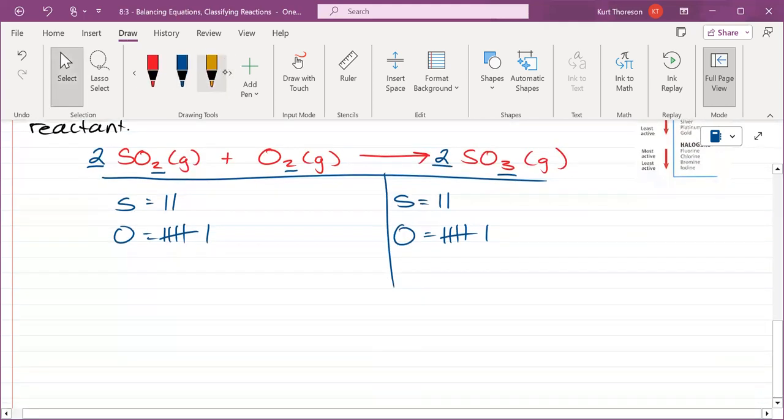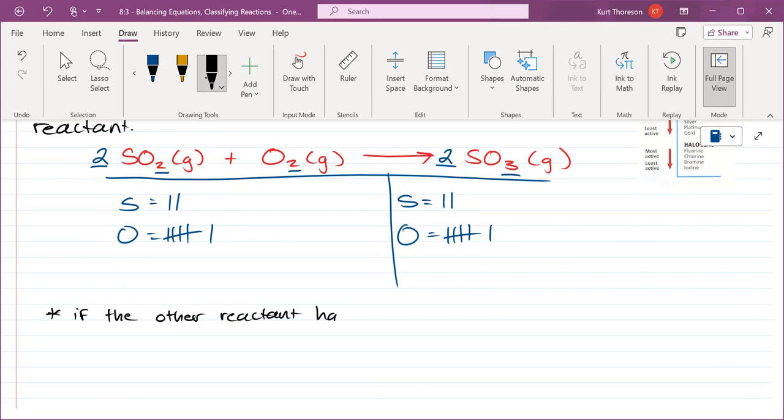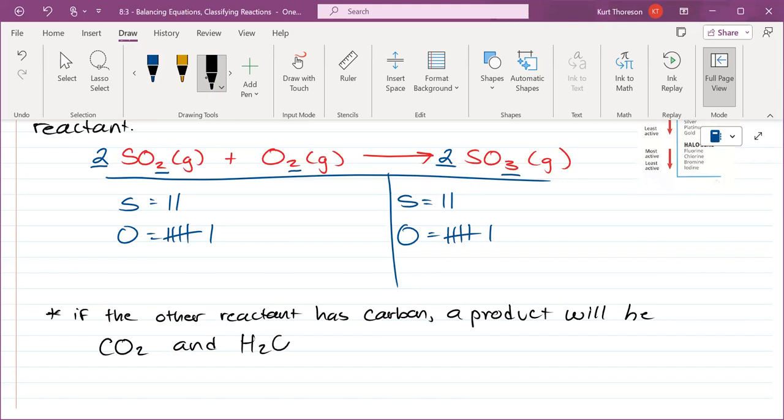Now, there is another little caveat to combustion reactions. If the other reactant besides oxygen has carbon in it, a product will be CO2 and water, H2O.